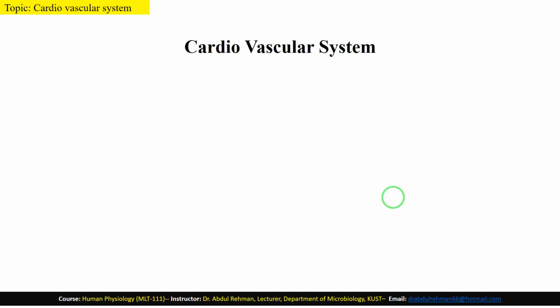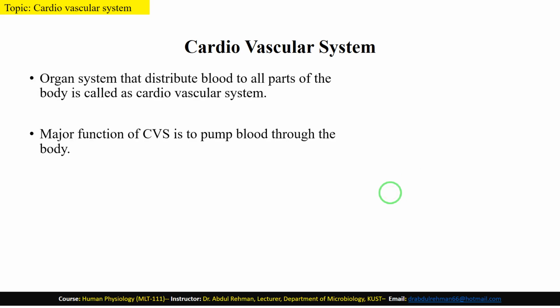It is a closed system, also termed as the circulatory system or vascular system, and different organs are in connection with each other in the cardiovascular system to distribute blood to all parts of the body. And blood is of two types. One is oxygenated blood and the other one is deoxygenated blood.